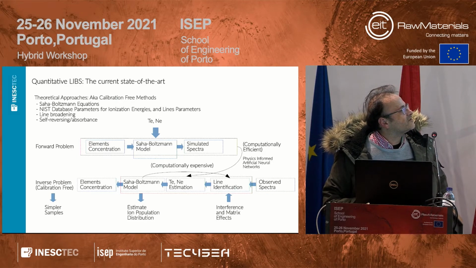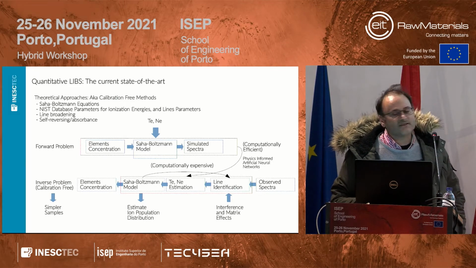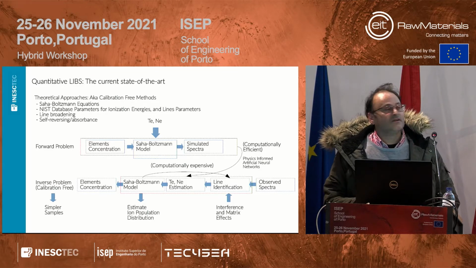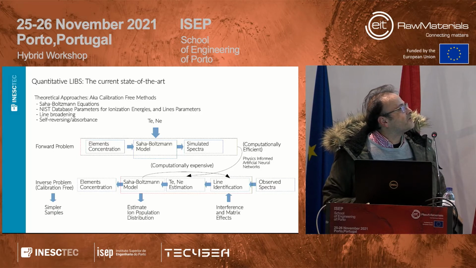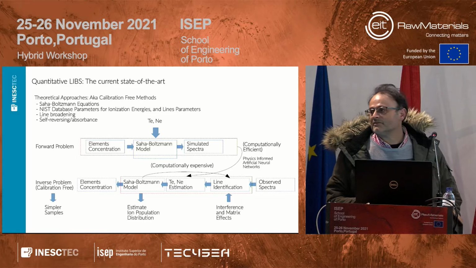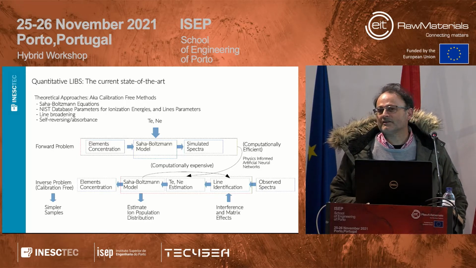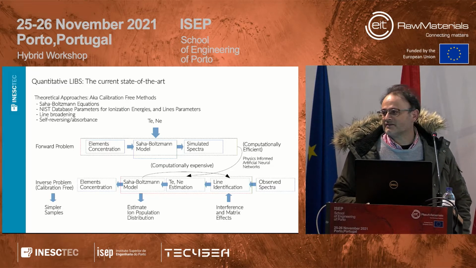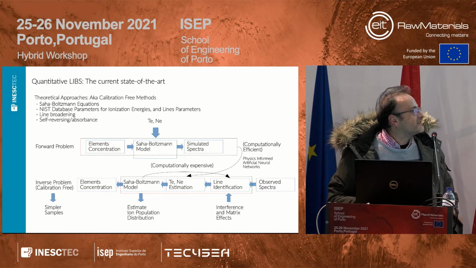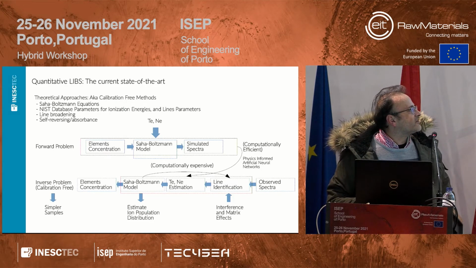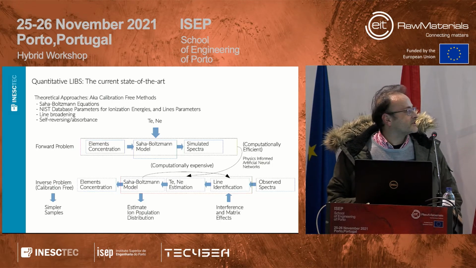And then you start to have a very computationally expensive method to try to compute the element's concentration. So you can see that the forward problem is very efficient, very easy to calculate, but the inverse problem is very complex to calculate, and as the equations do not translate the total reality, these methods are appealing, but they are not realistic. And they cannot be used for geology because geological samples are highly complex.